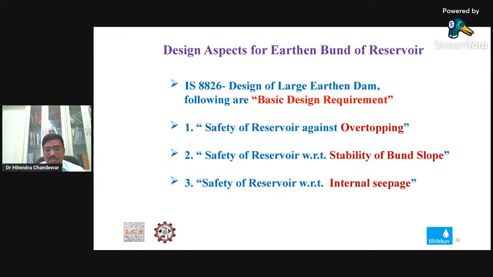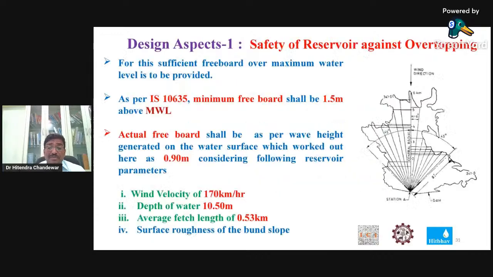Internal seepage should be much less, but whatever seepage there is, it should be drained out properly. So for the design of the earthen bund, or earthen dam, you have to go with three types of safety issues and guidelines. The first one is overtopping.